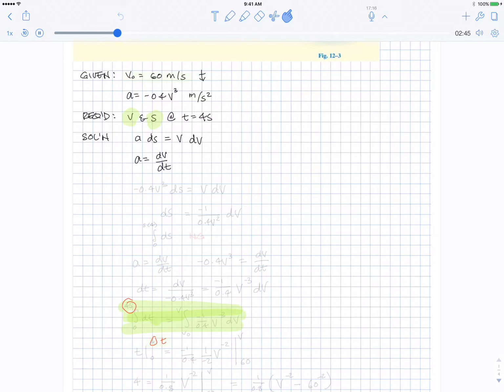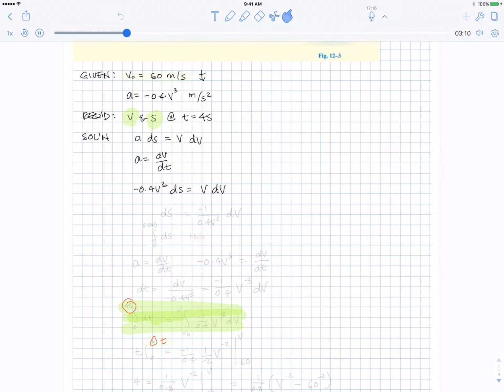So we get minus 0.4 v cubed ds equals v dv. Oh, that's ds, not d3. Okay, so separate the variables.